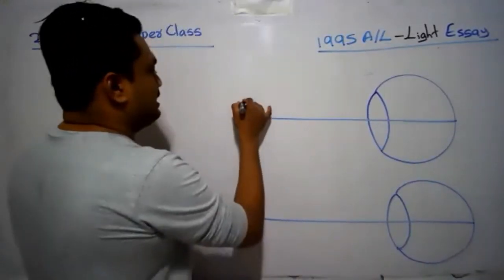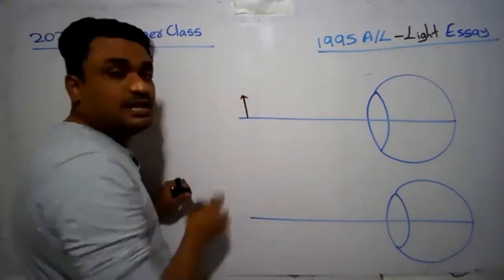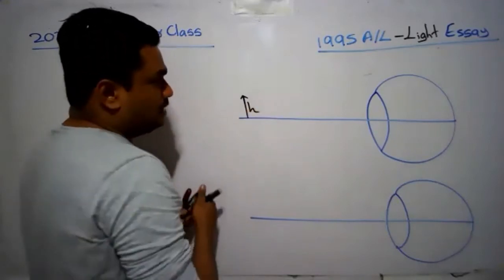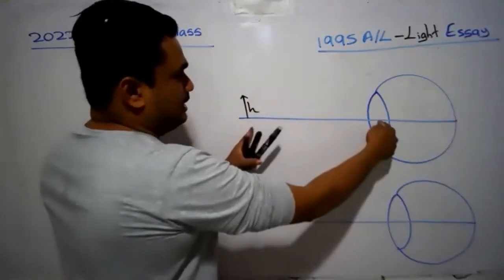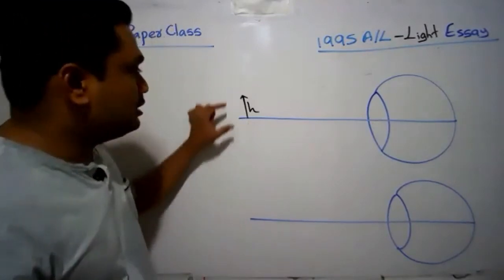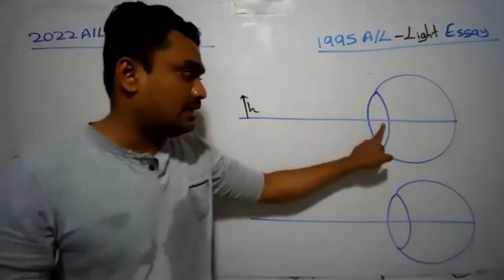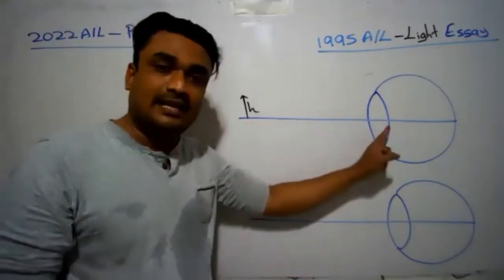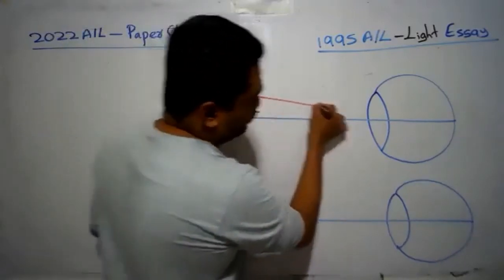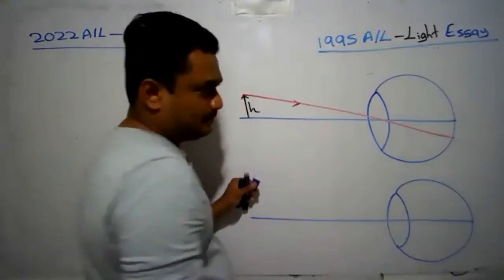For example, let's say an object is somewhere here. Let's say the height of this object is 2 centimeters and the distance between the object and the eye is 10 centimeters. When you draw the figure, it will help you, right? Then I'll take a light ray which goes to the optical center of the eye lens.